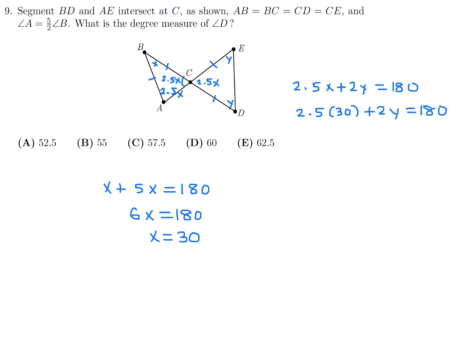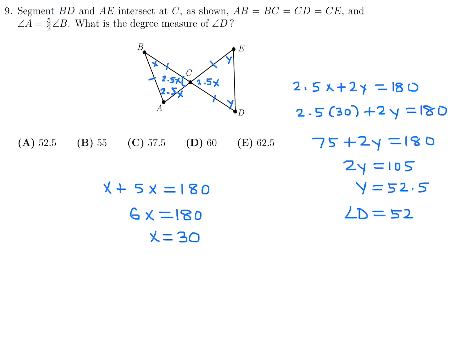And therefore, 2.5 times 30 is 75, plus 2y is equal to 180. So therefore 2y is equal to 105, and y is 52.5. And y represents angle D. So that is, of course, 52.5. And therefore number 9, the answer is A.